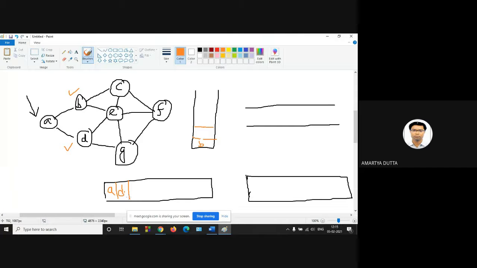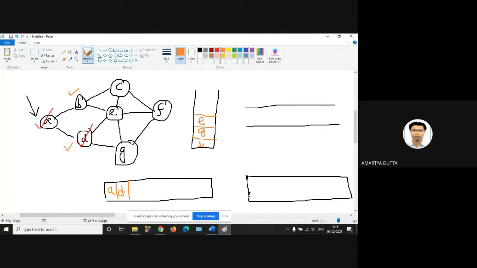Okay. Right. And next one is G, E will be inserted in the stack. So G and E will be inserted in the stack. So first A is visited, next D is visited, okay, and then E will be popped out.